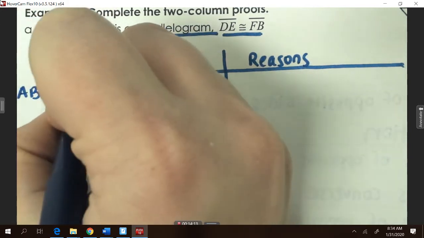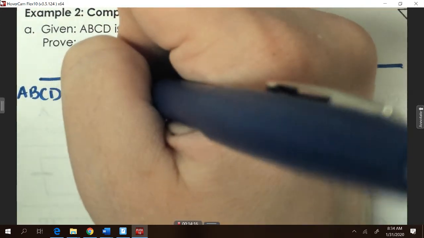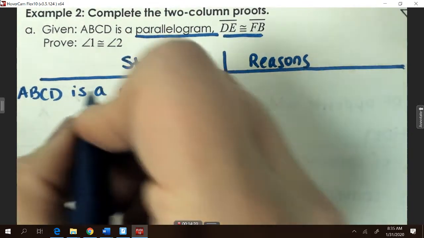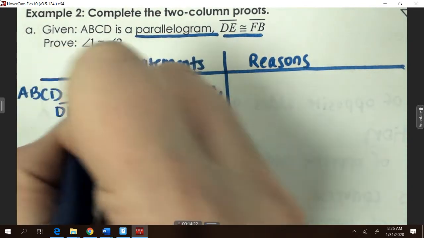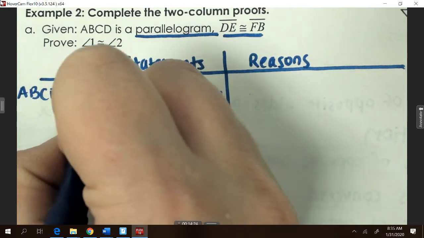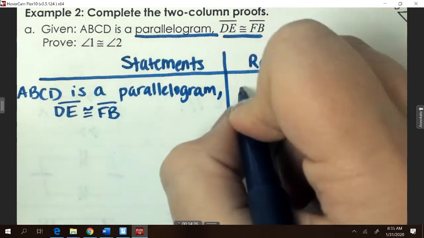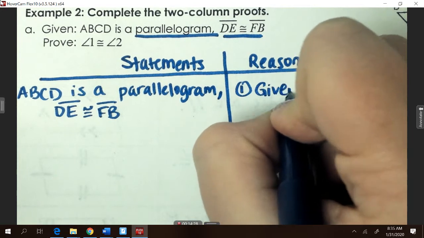Given. So my first statement, I'm going to put that ABCD is a parallelogram, and I'm going to put a comma and then put that DE is congruent to FB. So all that was my given.